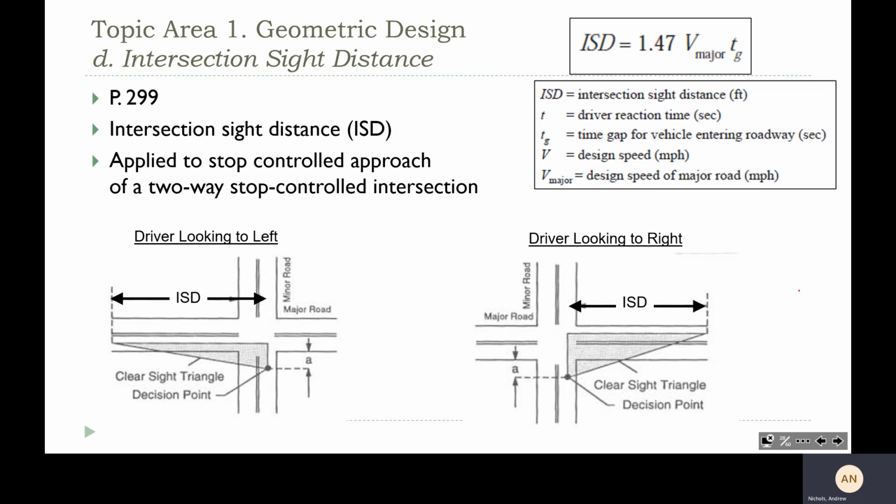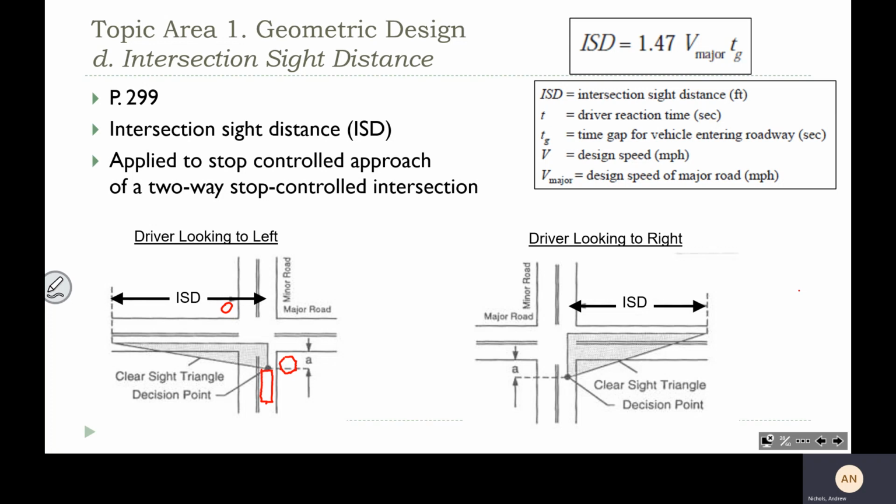So imagine you are sitting at a stop sign. So this is a two-way stop controlled approach. I'll even draw it in red. So you've got your stop sign here. And likewise, you would have one over on this side that I'm going to draw as a circle to simplify things. But you're the vehicle that is sitting here.